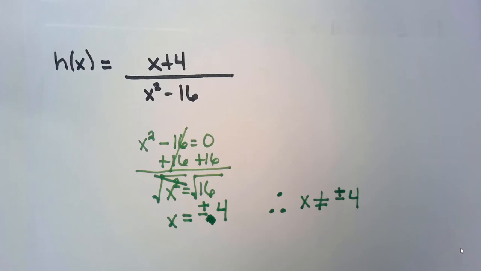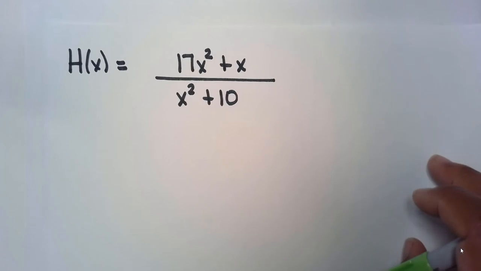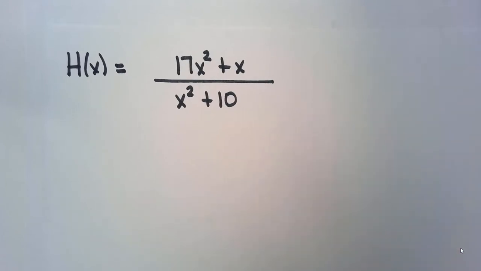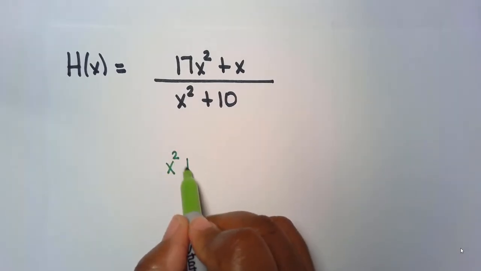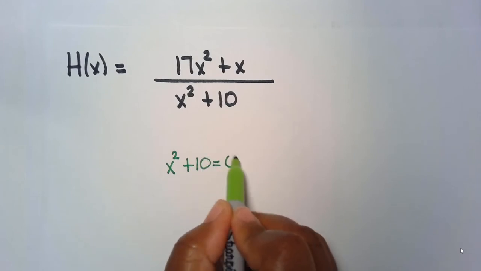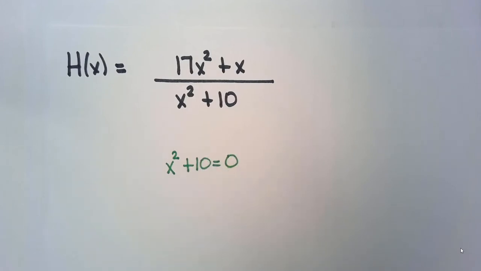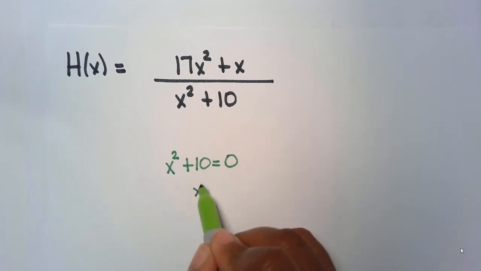Okay, our next example, we have here h of x is equal to 17x squared plus x all over x squared plus 10. So whenever we set this denominator equal to 0, we solve for x.